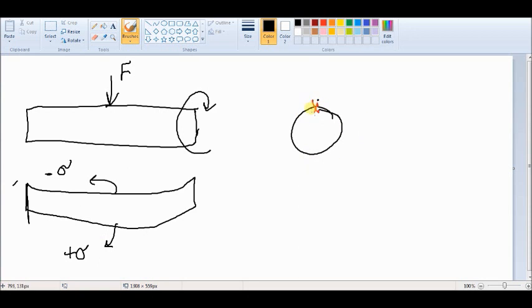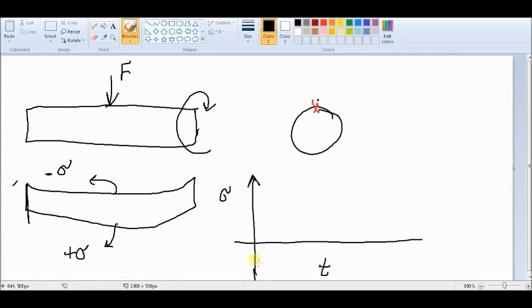Okay, so this point at the top of this shaft, if I draw a graph, the horizontal axis is t, right? And the vertical axis is stress.